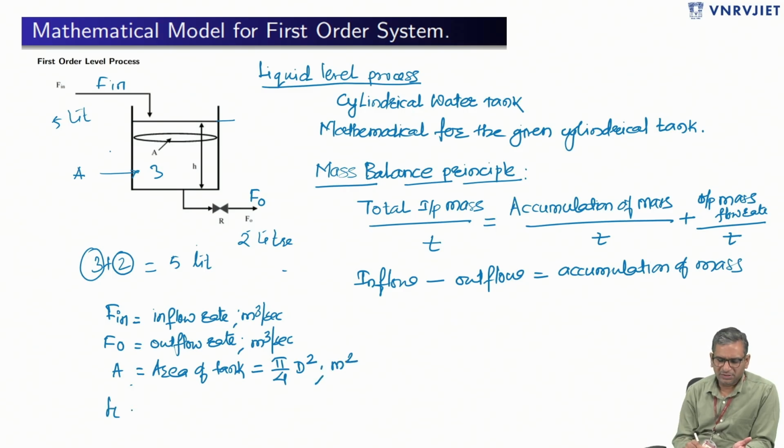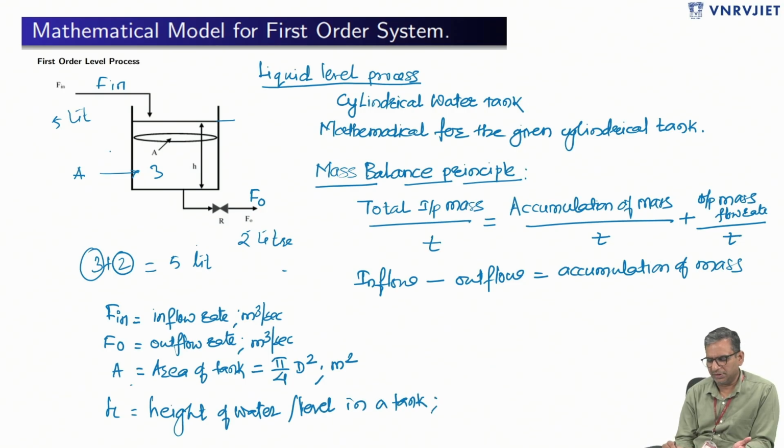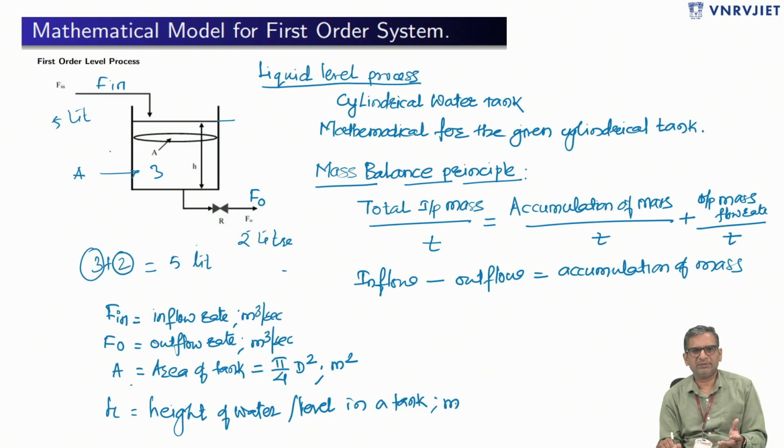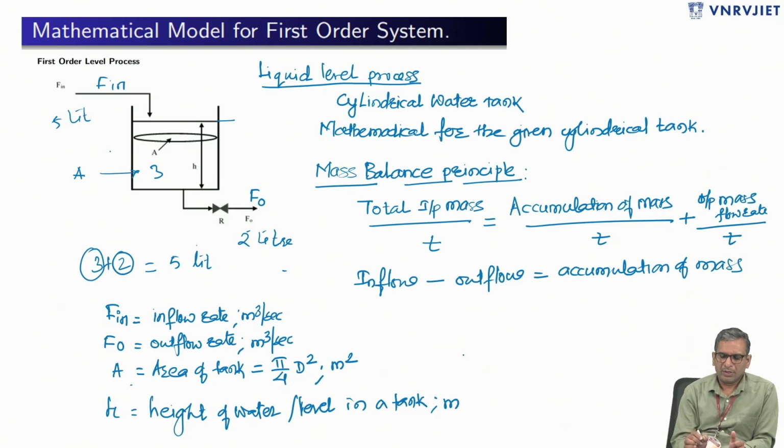Let's say h is the height of the water, or in a simple way, the water level in the tank. This is also in terms of meters. So these are some parameters. Now you can see here, through a pipe water is coming into the tank with the flow rate F in.